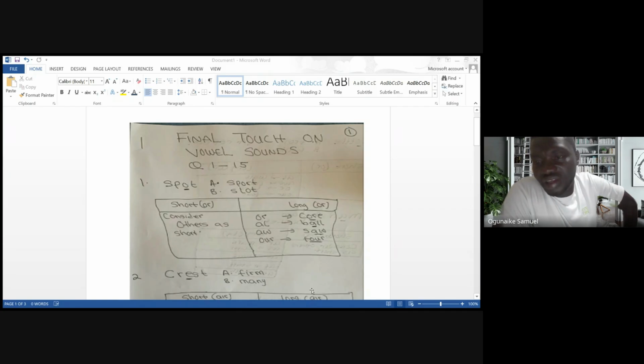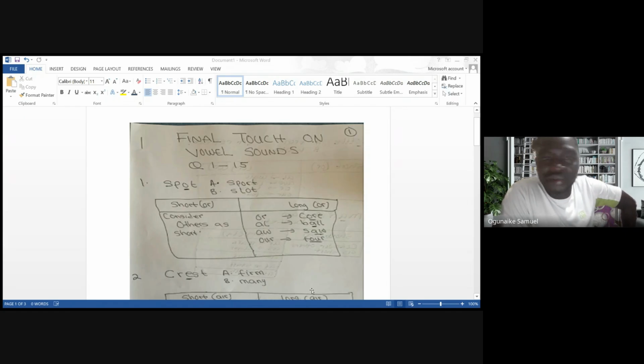I won't be surprised to choose an option like SAW, even though it also has AW, or something like LORD. I'm going to choose that kind of option because it has the same sound as WATER. In WATER, the A sounds like the O in LORD.